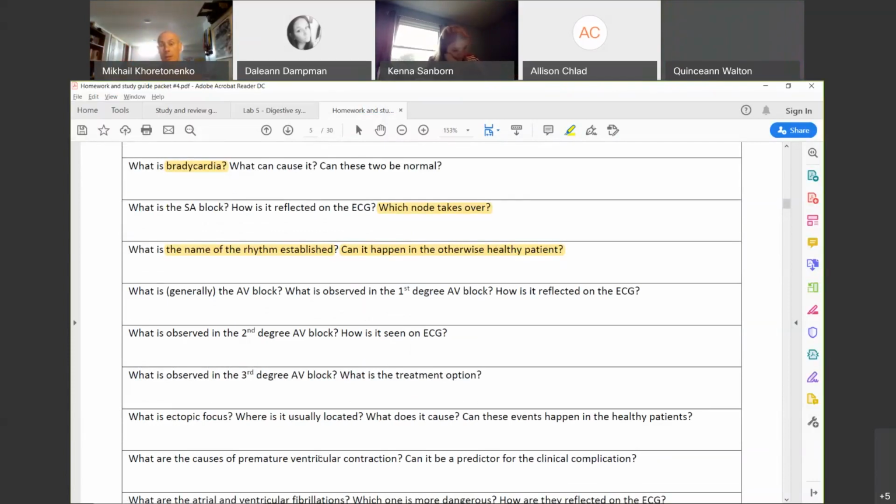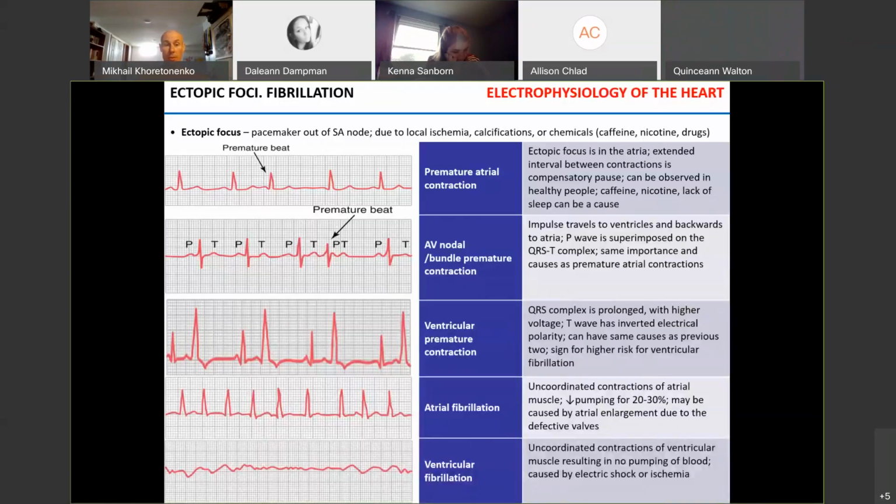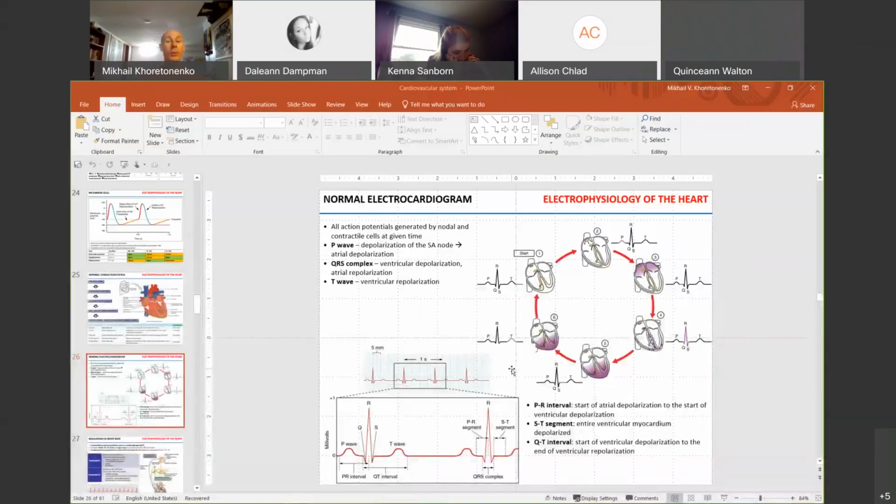Premature ventricular contraction, ventricular or atrial, it's fine. Can it be a predictor for a clinical complication? Talking about the ventricle, premature ventricular contraction, yes. Here, okay, high risk for ventricular fibrillation.